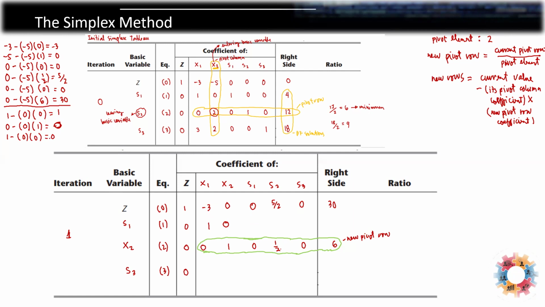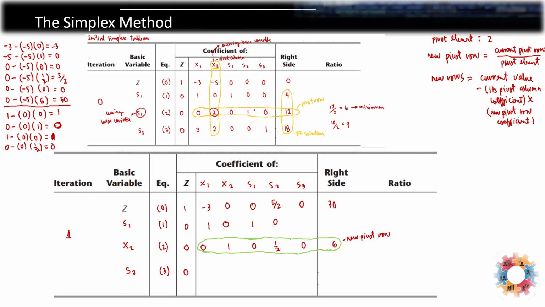Oh, no, not 0, but 1. And then 0. So 0 minus 0 times 1 half times 1 half will give us 0. So this is 0.